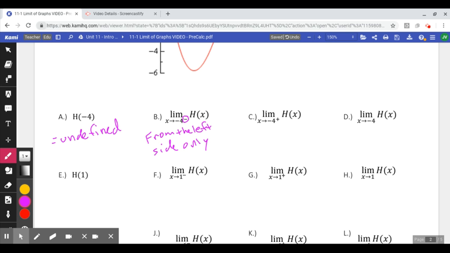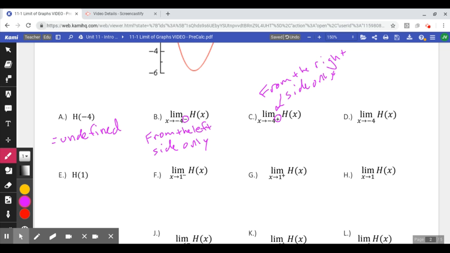If we look at part C, we see the plus sign right here. That plus sign means from the right side only. So we would read the first part of this as the limit as x approaches, that's what the little arrow means, -4 from the right side only.